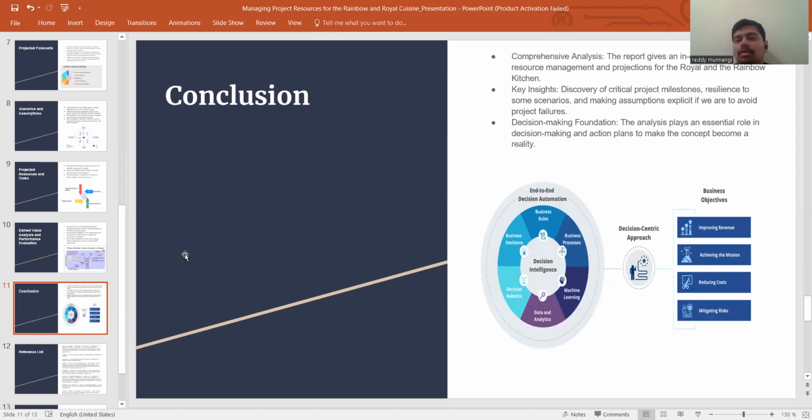And to conclude, the report gives us an in-depth, comprehensive analysis of the resource management projections for the Royal and Rainbow Kitchen.